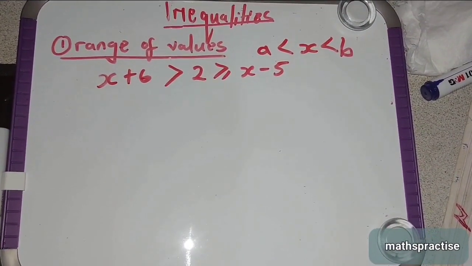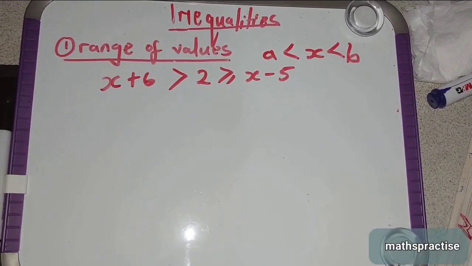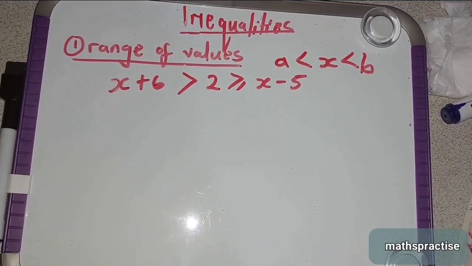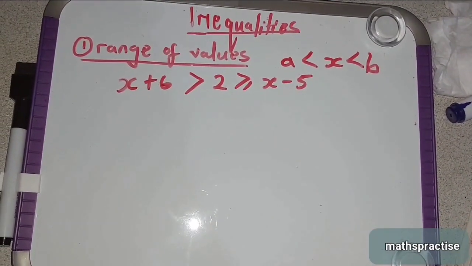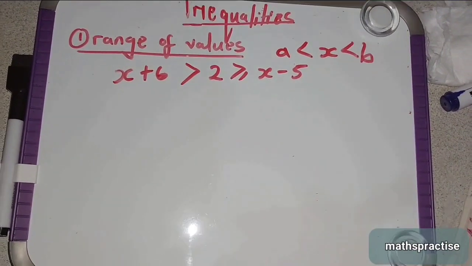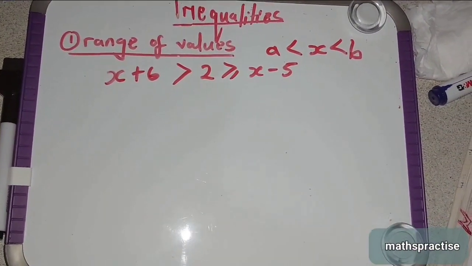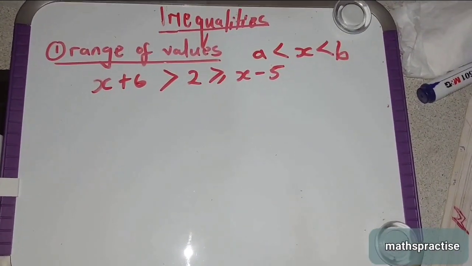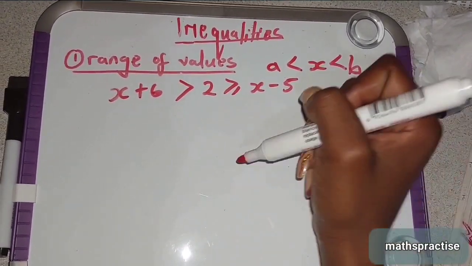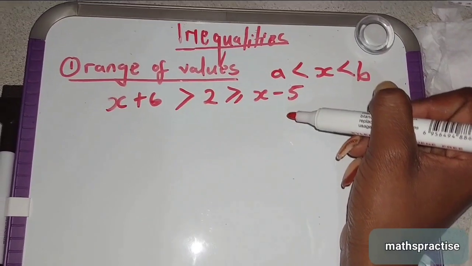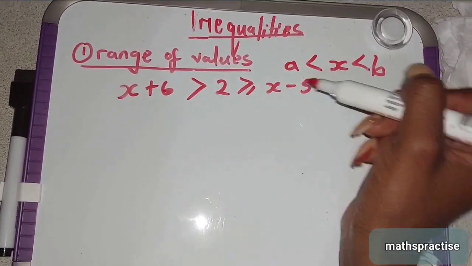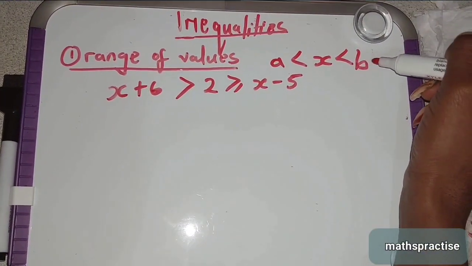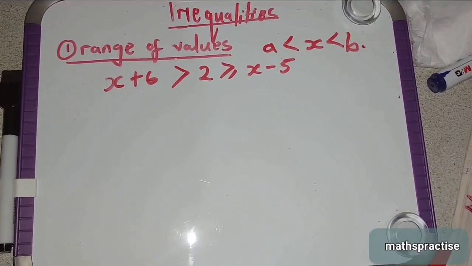The tricky part is that when you're working with these, you treat both inequalities as one inequality, as if you have three parts. Whatever you do to this part, the same you do to this part and to this part, until you have simplified to end up with a range of values like that.